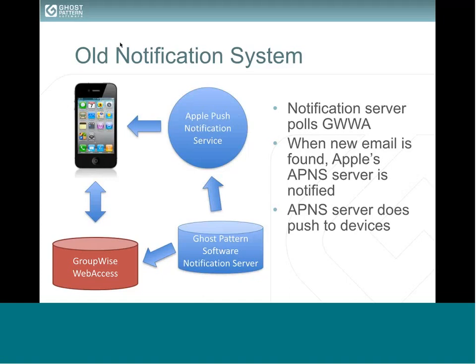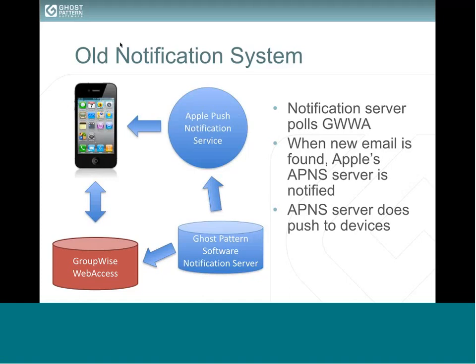The app did not have the ability to constantly update itself. And so if you wanted to get a notification, I had a notification server that I set up, and what it would do is go out and periodically poll your mailbox on your GroupWise server, and if there were new emails, it would send a push notification and you get a nice little notification on your device.